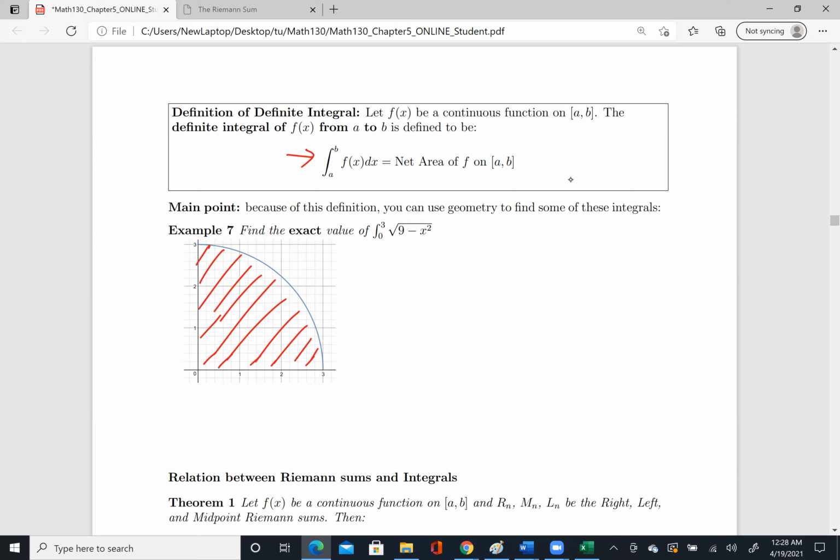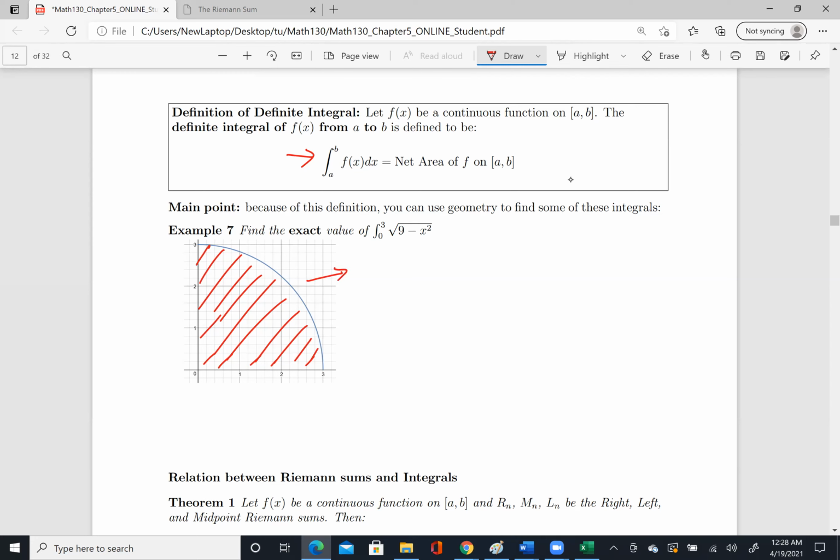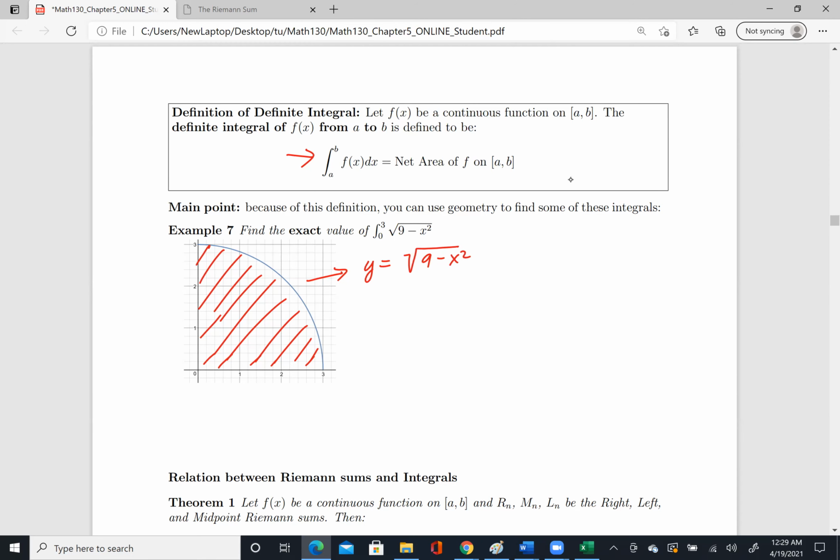And for the function of this curve, we have y equals the square root of 9 minus x squared. Then if we square it, we have y squared equals 9 minus x squared.